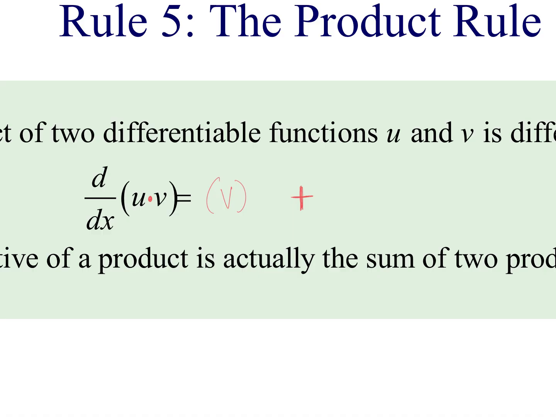The last part of the equation, the v, comes first. Next to it, or multiplied by it, will come du dx, or the derivative of the piece of the function that was u. So it's one regular function and one derivative function. After the addition sign, you flip-flop those, and you do the regular u function and the dv dx function.